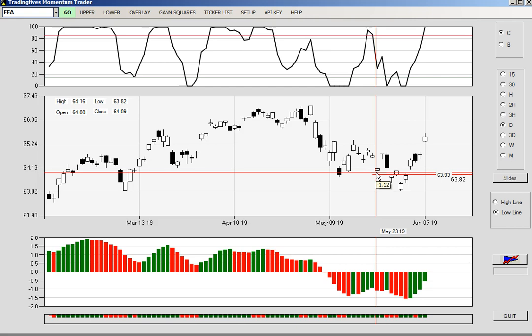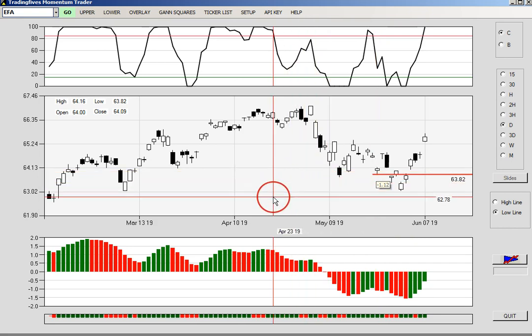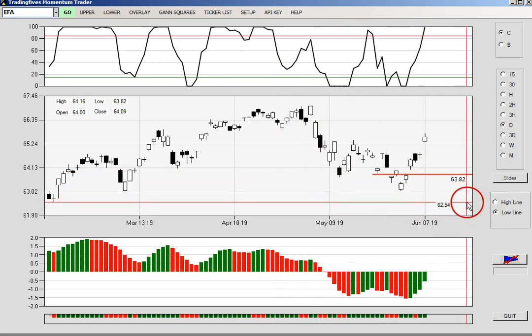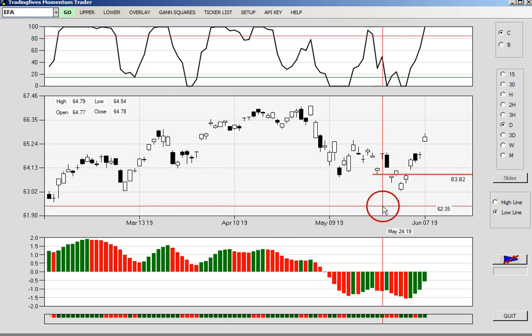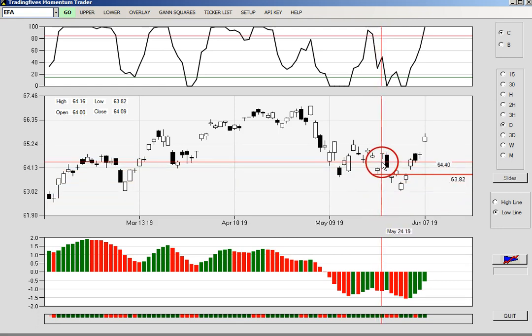Okay, now this sequence of bars creates, I guess, one corollary. This was our signal bar. The print price we were interested in was 63.82, but the next bar did not close or print below 63.82. It actually moved higher.